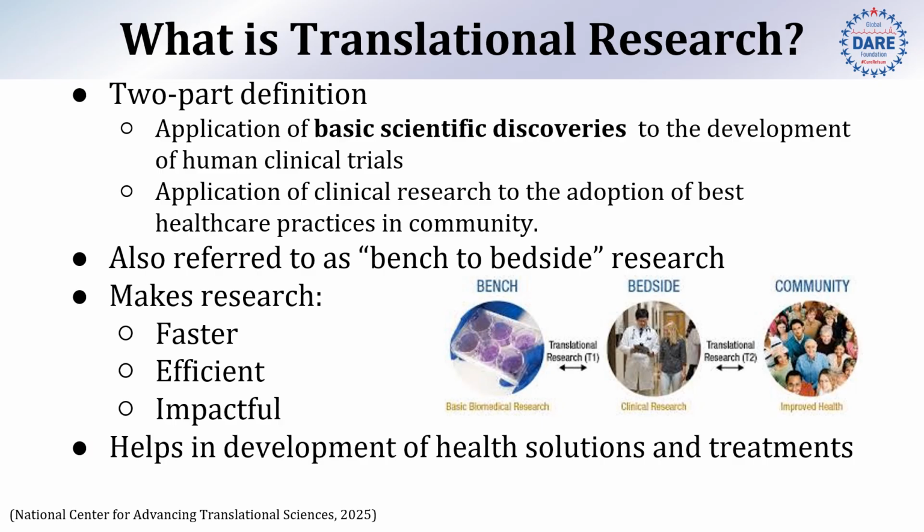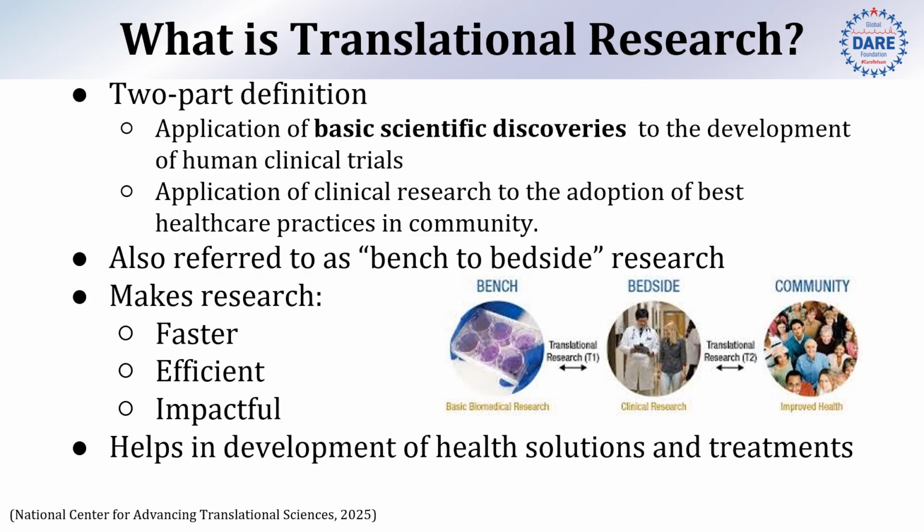So let's start with just a little description on what translational research is. Translational research is the process of turning scientific discoveries into real-world treatments and health solutions. It connects findings from the laboratory, clinic, and community to develop interventions that can ultimately improve patient care.